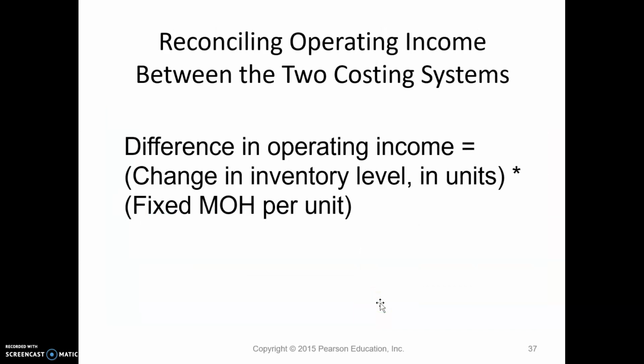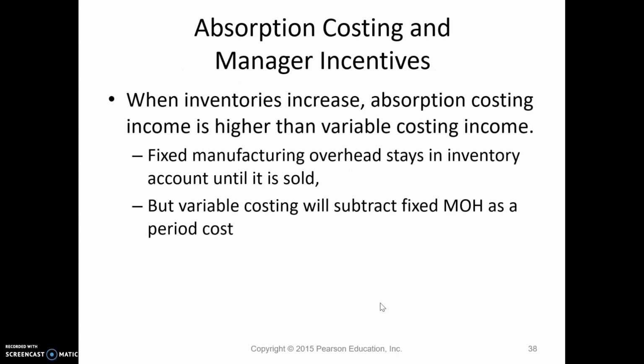And so we're going to get a different operating income when you use variable costing as opposed to absorption costing. And the difference is going to be for the fixed costs that are in the inventory units that you have produced but not sold. So when your inventories are increasing, so you have produced units that haven't been sold, the units that you produced are more than the units sold.